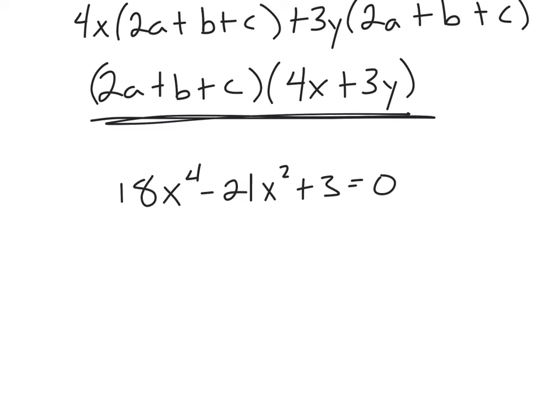And so when you look at 18x to the 4th and 21x squared, do they share any common factors? 3x squared, right? And so what I'm going to do is take this first term, 18x to the 4th, and we're going to rewrite it. If I rewrite this as 3x squared, and then we square that, what do I get? If I square 3x squared, we get 9x to the 4th.